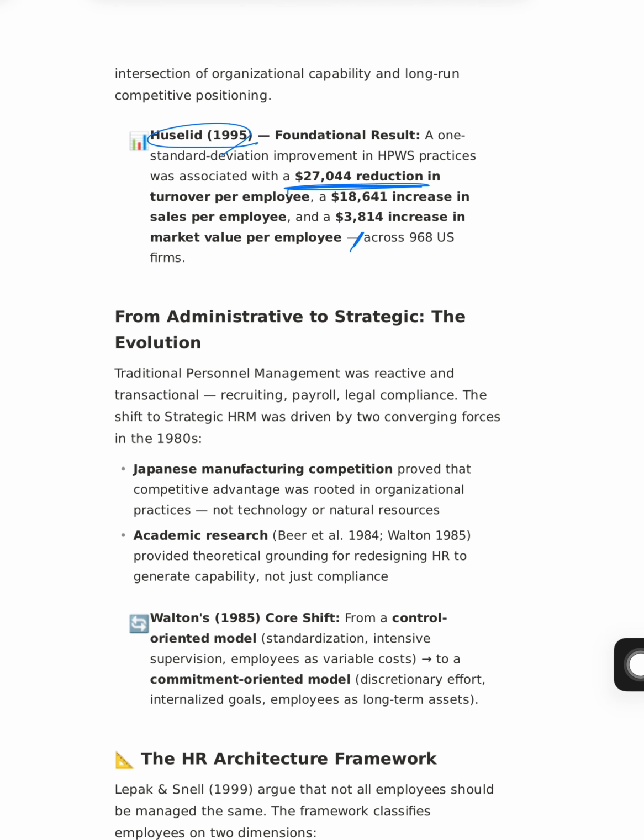These are not rounding errors. They are economically enormous effects. The strategic question is how and why.